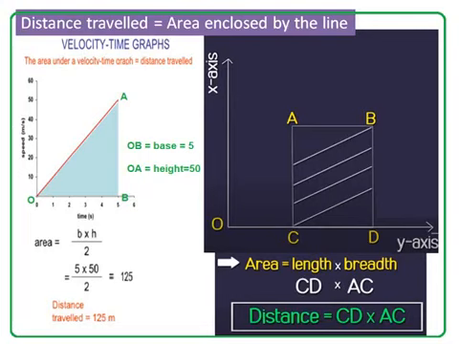So substitute in the formula, area is equal to half into base 5 into height 50. So you will get 125. So the distance traveled by the body is 125 meters.